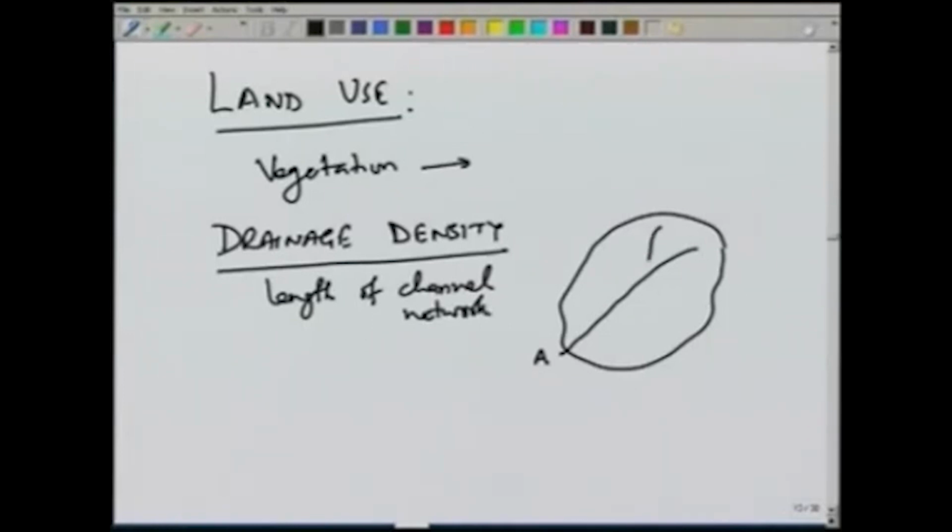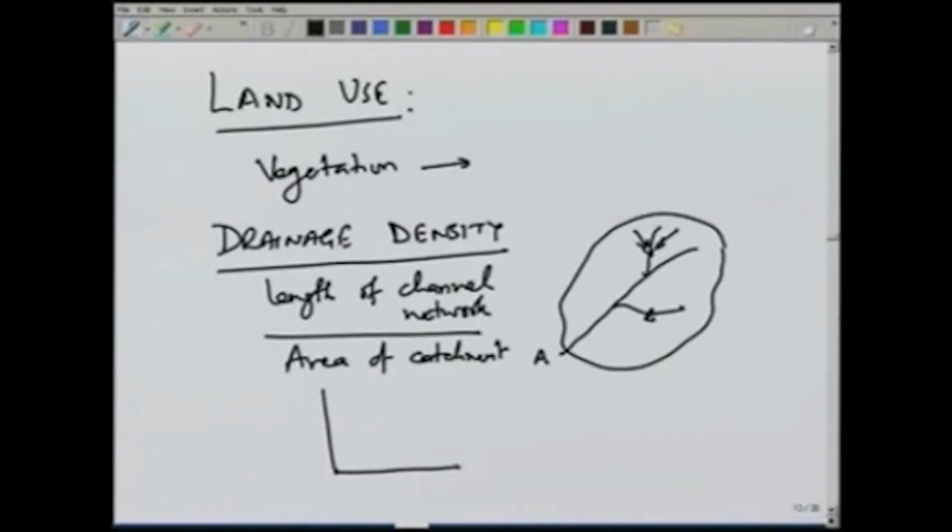So, if we have a tributary joining in here, tributary joining in here, and these tributaries may themselves have some smaller channels joining them. So, this is the length of the entire channel network per unit area of the catchment. So, divide by area of catchment. This is known as the drainage density.